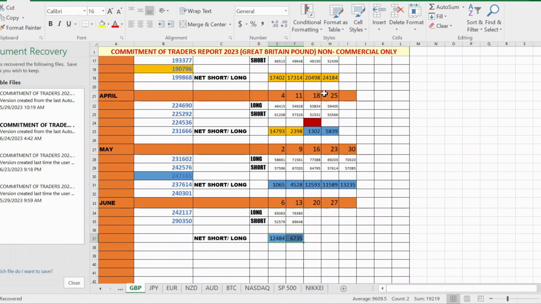It started as 1,300, then 5,000, then went to 1,000, then 4,000, then 12,000, 11,000, 13,000, 12,000, and 6,000. Now let's see the net short difference for this week, if there has been a significant change.